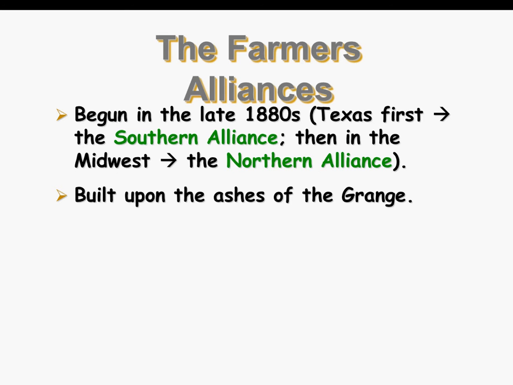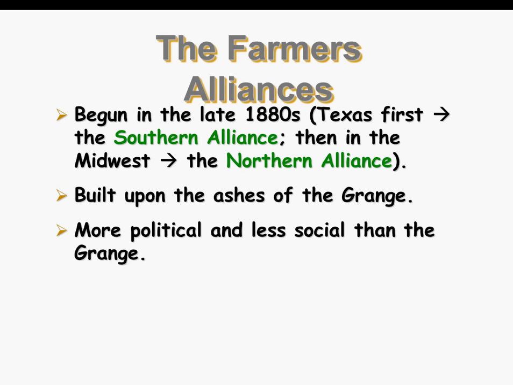The Southern Alliance, and then there will be a Northern Alliance. The Southern Alliance never allowed black farmers in. The Northern Alliance will be a little bit more sympathetic to black farmers, and they will be allowed to join. And again, this was built on the ashes of the Grange movement.